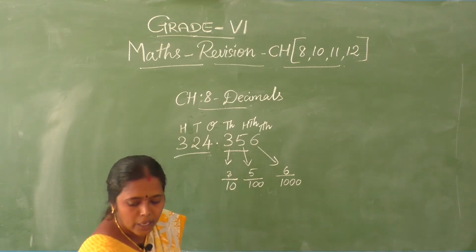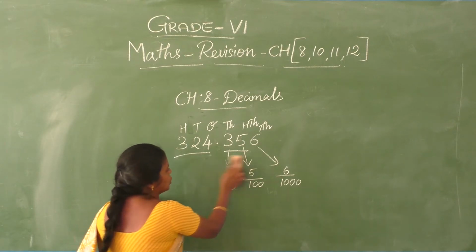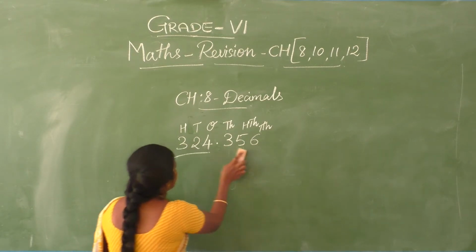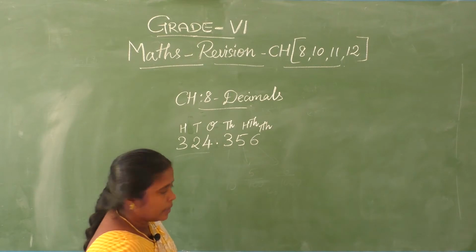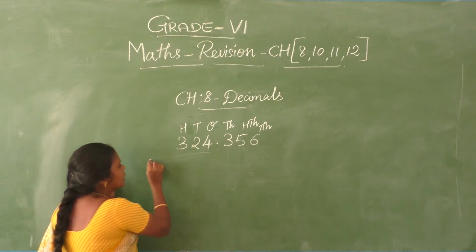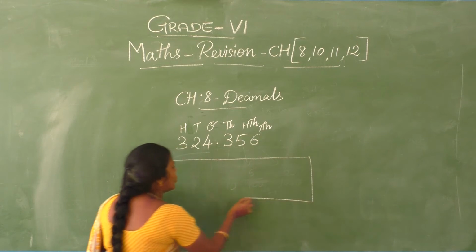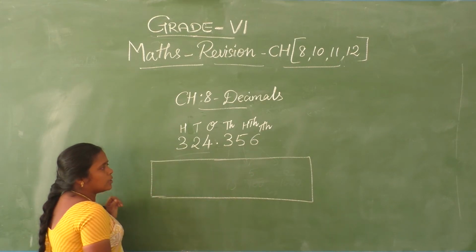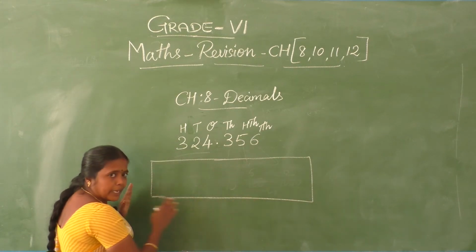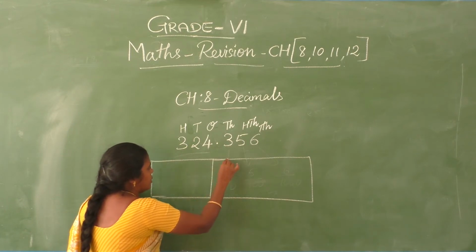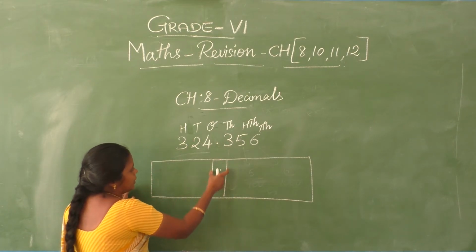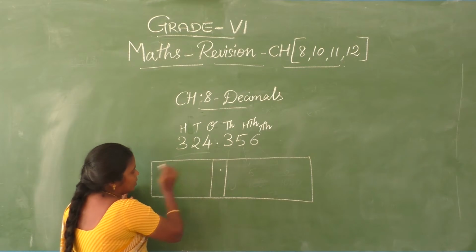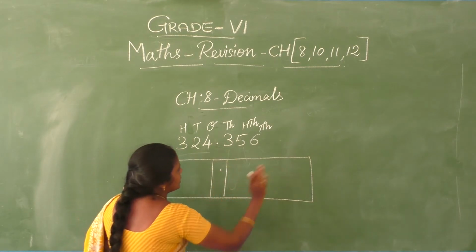Then how to write it in a place value chart, we will see. Write the following numbers in the place value chart. What to do? You just have to make a tabular column. Okay, this is the decimal point as it is. Before that the whole number part, after that the decimal part.